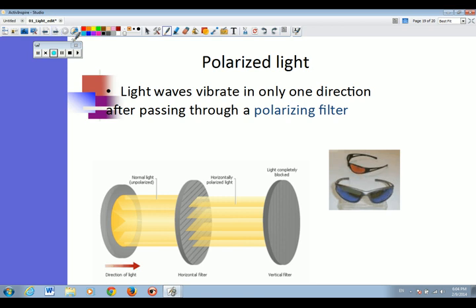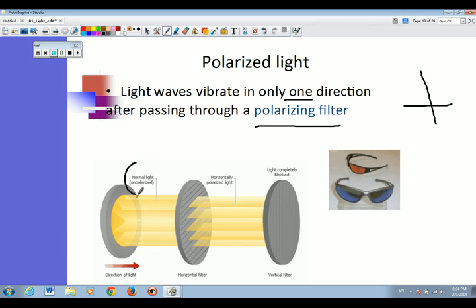Polarized light is a little different. A polarizing filter, like polarized sunglasses, only allows waves through in one direction. Remember, I talked earlier about how electromagnetic waves are an alternating electric field and magnetic field. Now, what happens with a polarizing filter, which is most commonly used in sunglasses?